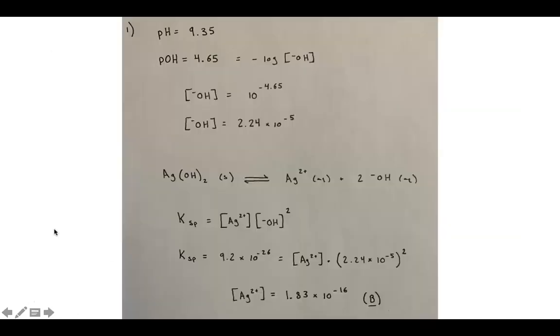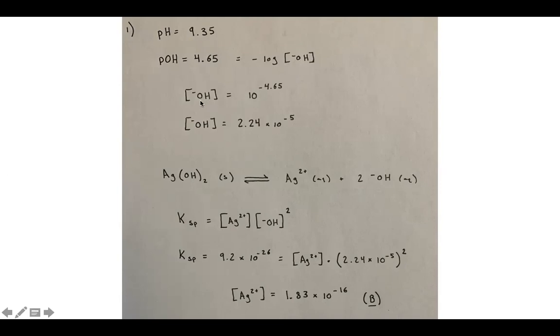Here, what we're going to do is take the pH, and we actually don't care what the pH is. What's more helpful for us is the pOH. Remember that pH plus pOH always equals 14. Knowing the pH, we can find the pOH, which is 4.65. This is equal to the negative log of our hydroxide concentration.